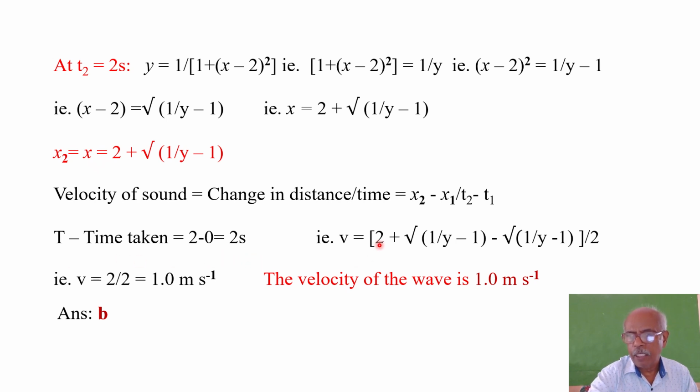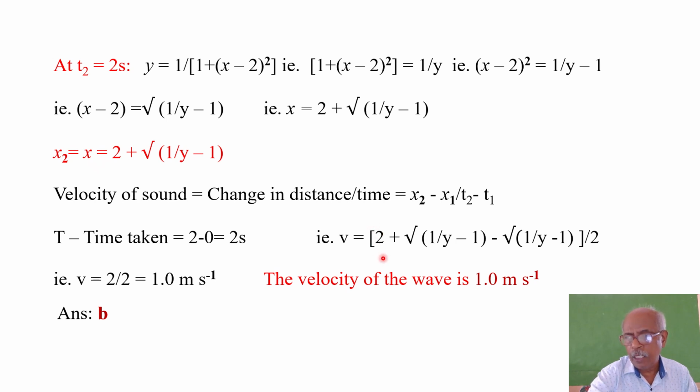What is the change in position? x2 minus x1. So v is equal to 2 plus square root of 1 by y minus 1, minus what we found for x1 in the previous slide, root of 1 by y minus 1. So root of 1 by y minus 1 minus root of 1 by y minus 1 cancels, and only this 2 is remaining.